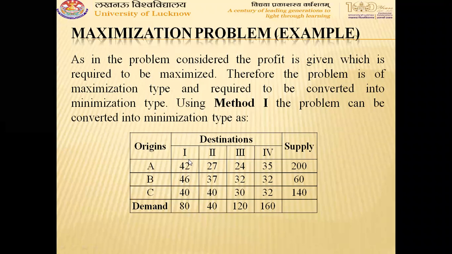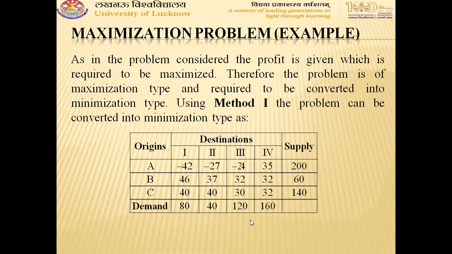So 42 becomes minus 42, 27 becomes minus 27, 24 becomes minus 24 and 35 becomes minus 35. Supply and demand will not be multiplied. Similarly, the second row and third row will also be multiplied by minus 1. Now this problem has become a minimization type problem, and the methods defined for transportation problems are applicable on this matrix.